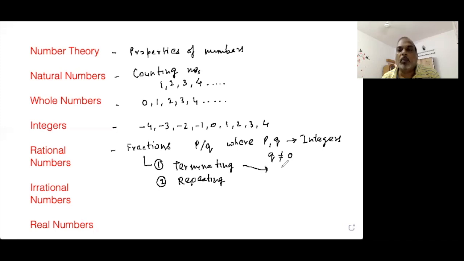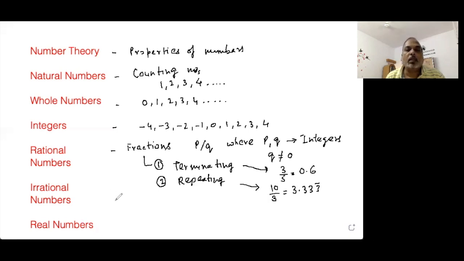Terminating type means suppose you have 3 by 5. What will it give? 0.6. This is terminating here, after the decimal it is terminating. But for repeating types, suppose you have this fraction, then what will it give? 3.333, like that. It will keep on going. It is repeating, 3 is repeating after the decimal. So these are all rational numbers.